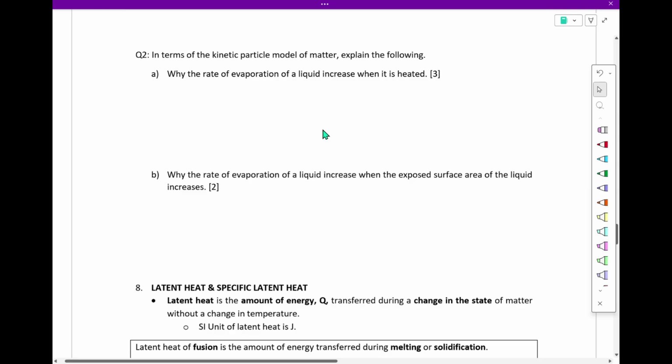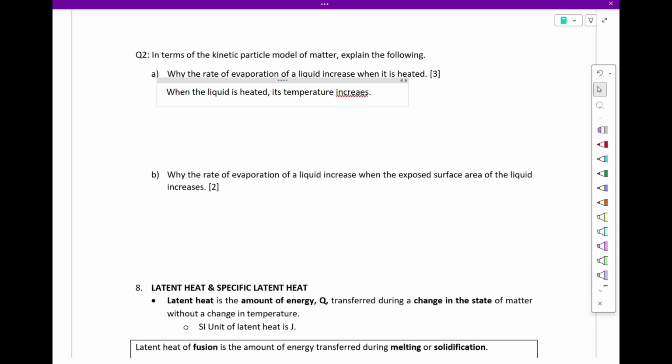Now, in terms of the kinetic particle model of matter, why does the rate of evaporation increase when it's heated? When the liquid is heated, its temperature increases as the average kinetic energy of the liquid particles increases.